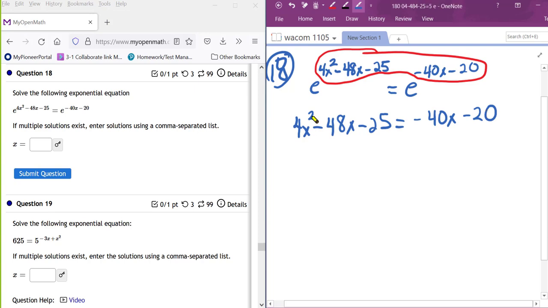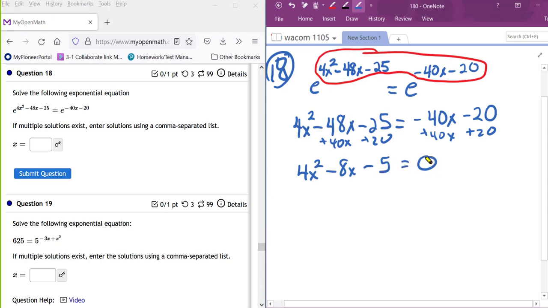Notice when you get ready to solve here, exponent of 2, so it's a quadratic equation. Let's go to standard form. So we'll add your 40x. So we're going to have 4x squared. This will give us minus 8x. And we'll add 20. Give us a minus 5 equals 0.